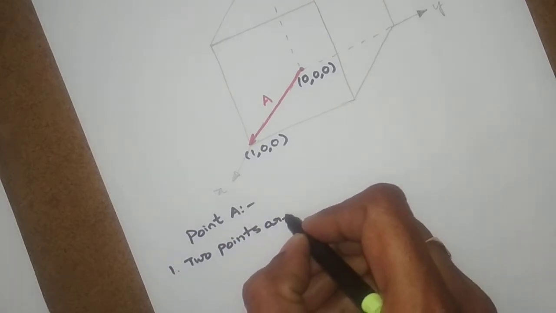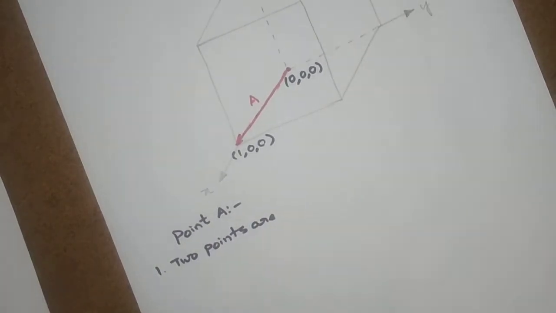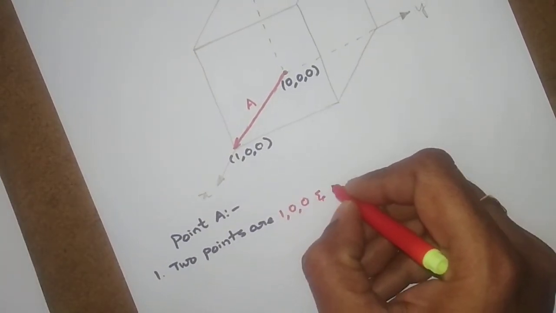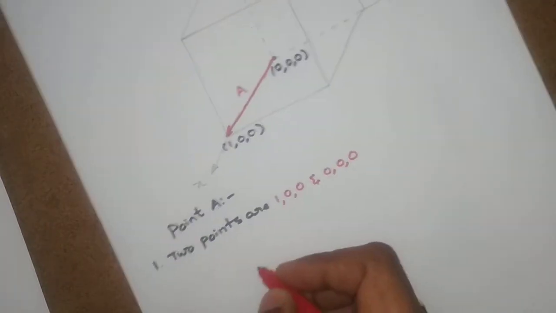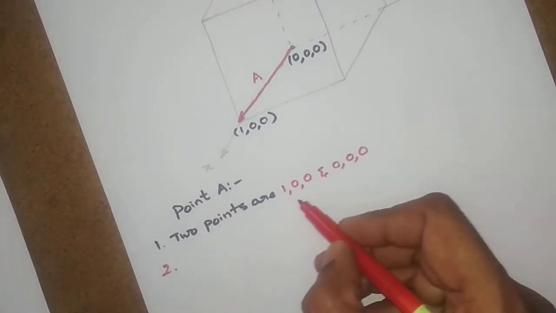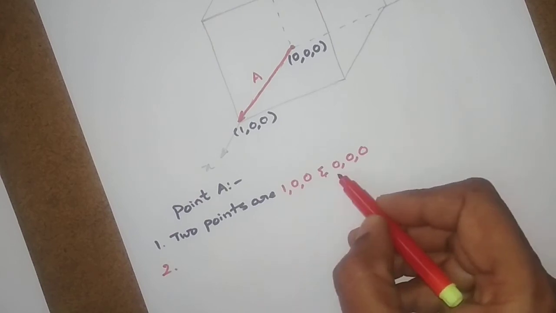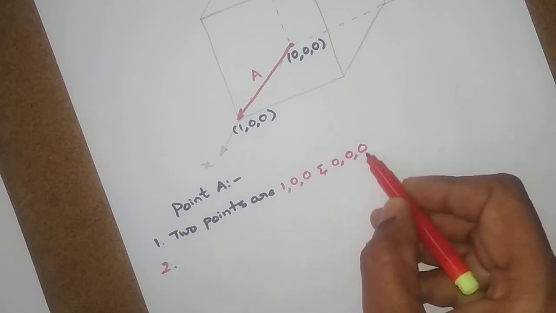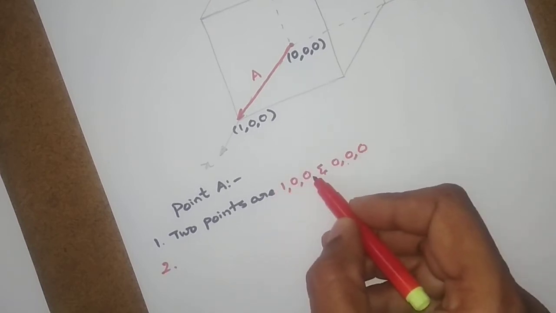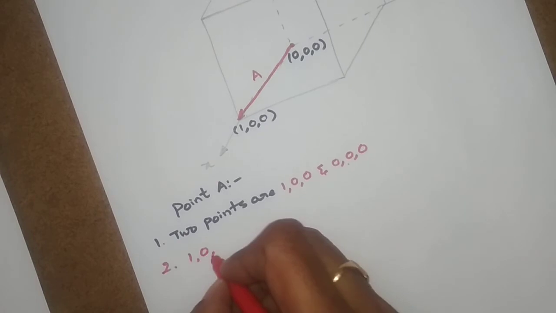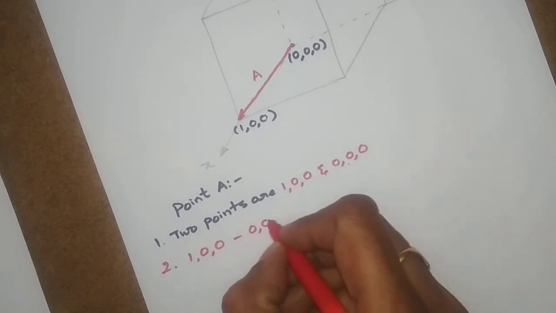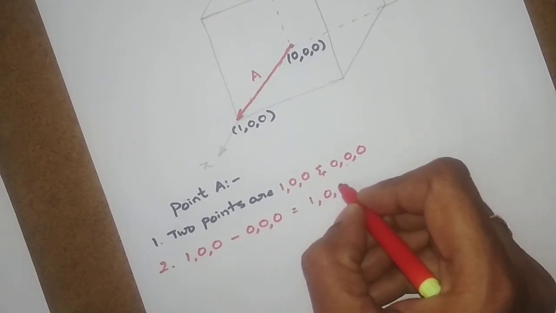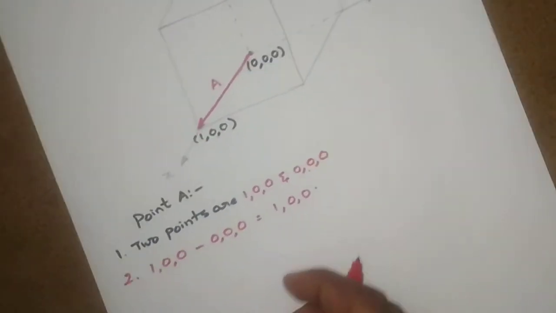The 2 points are 1, 0, 0 and 0, 0, 0. 1, 0, 0 is your head, and 0, 0, 0 is your tail point. So subtract the coordinates of the tail point from the coordinates of the head point. So 1, 0, 0 minus 0, 0, 0 gives you 1, 0 and 0. So that is your second step.